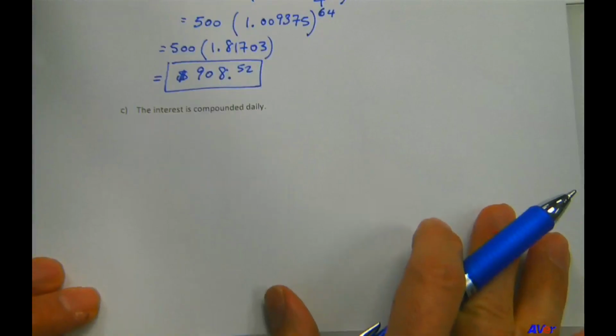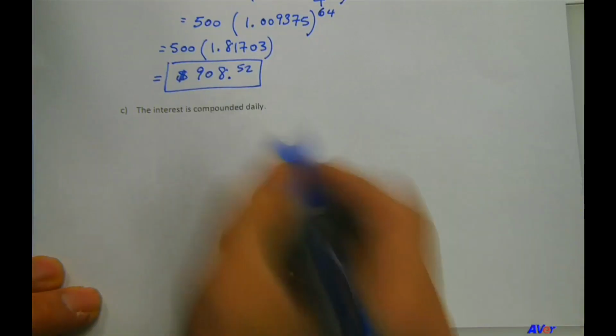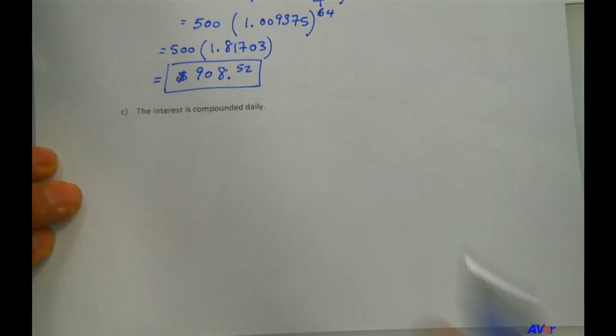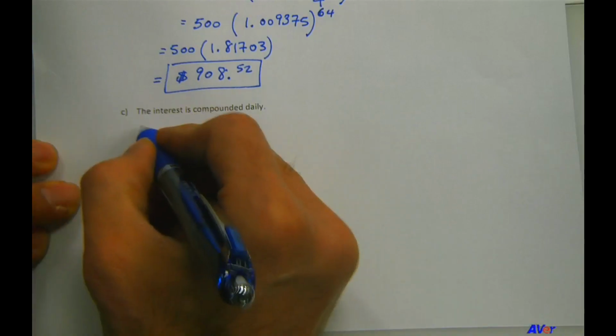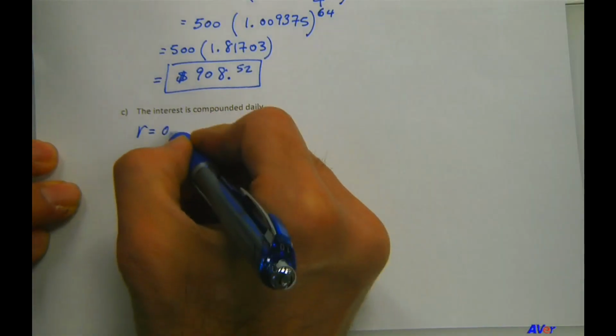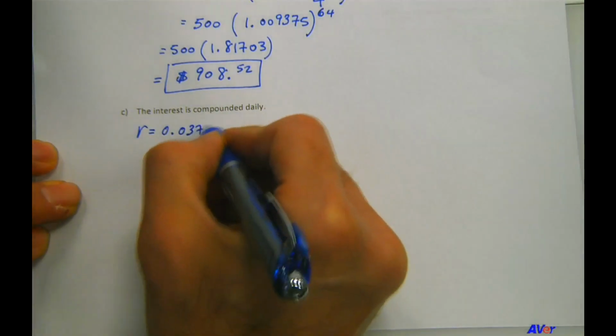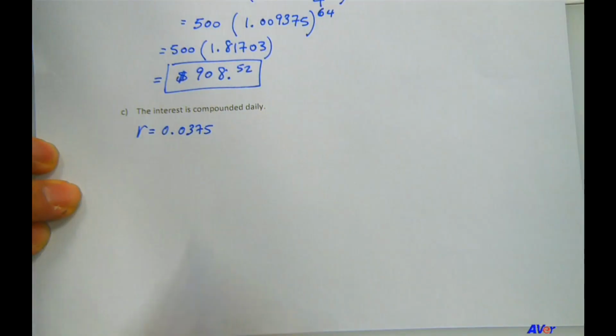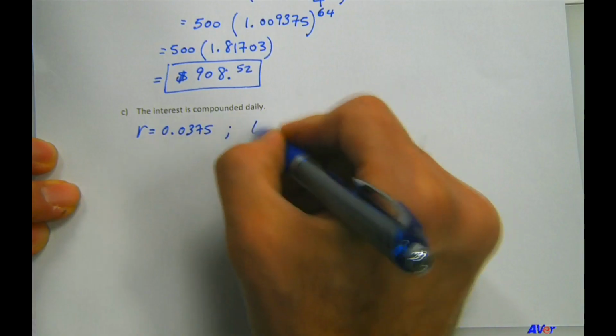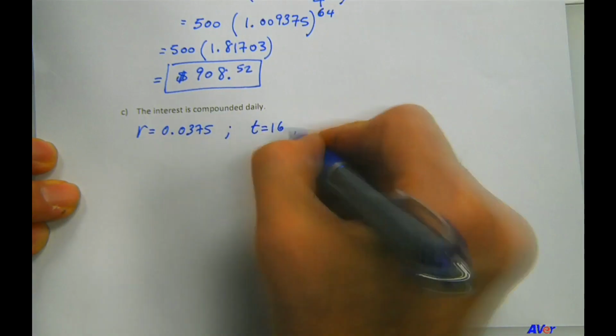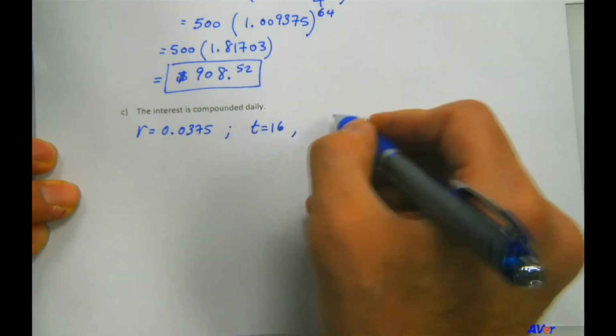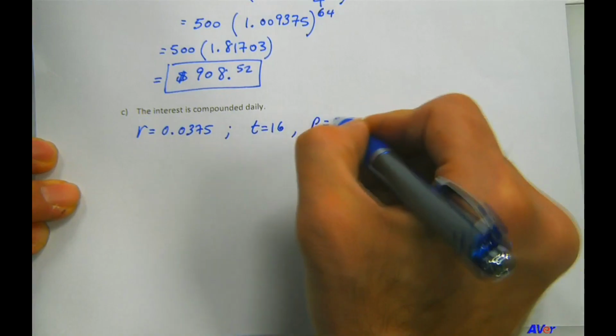Okay, so for part C, the compounding happens daily, right? But nothing else changes. So the interest rate stayed the same, 0.0375 or 3.75%. The time didn't change. T is still 16 years. The original investment didn't change.